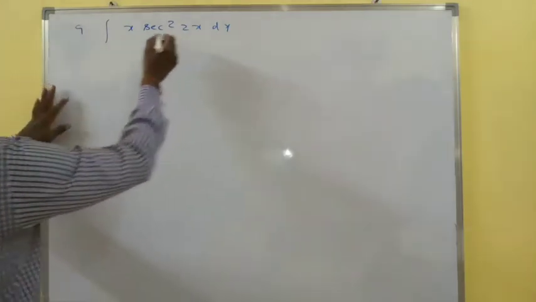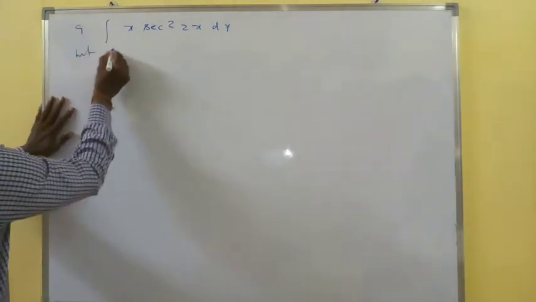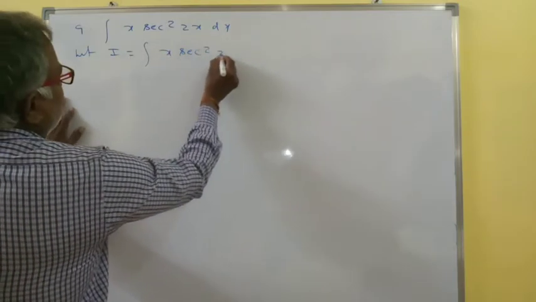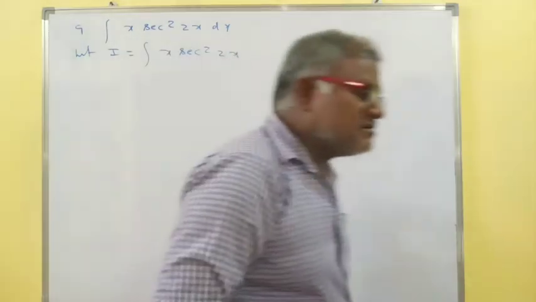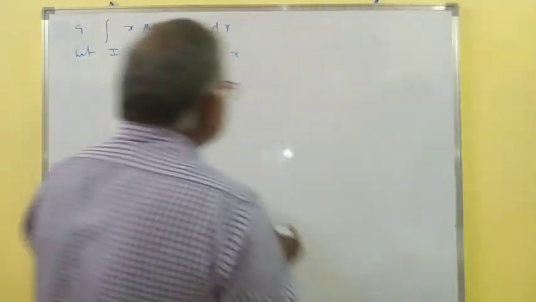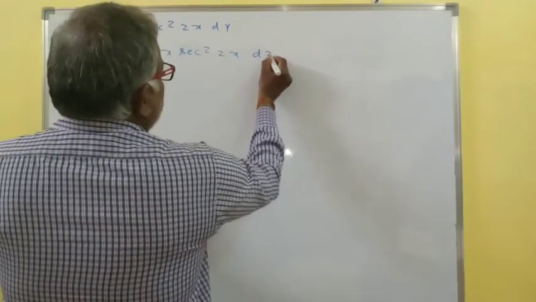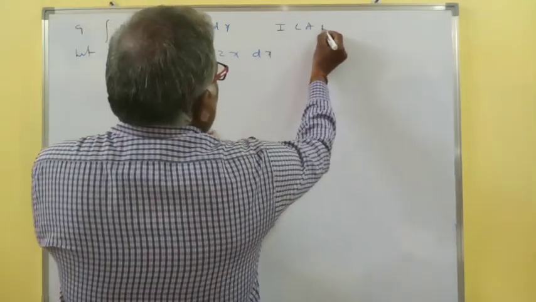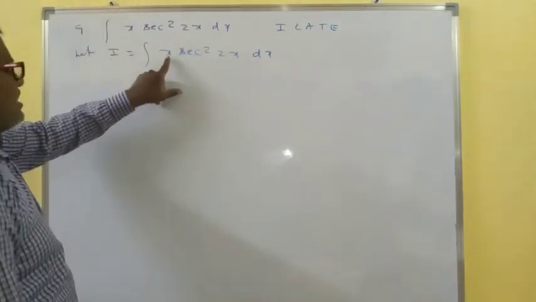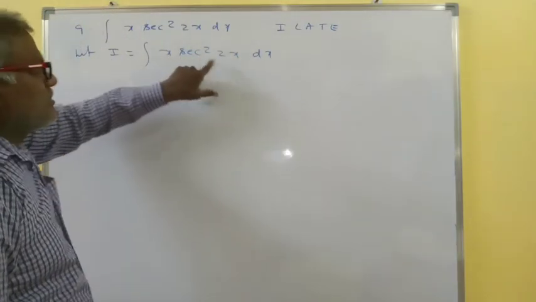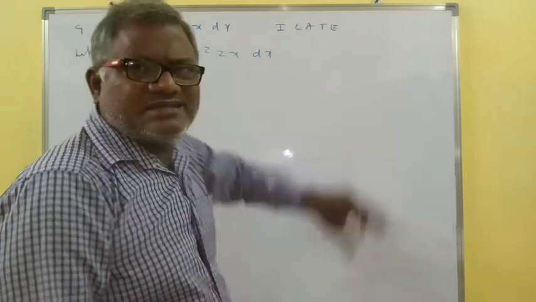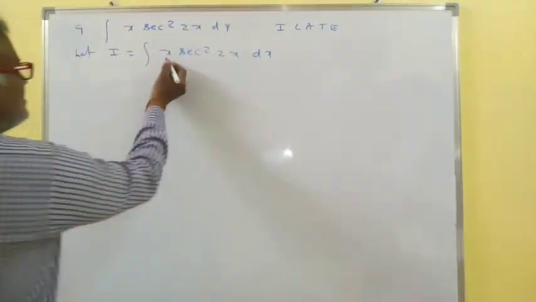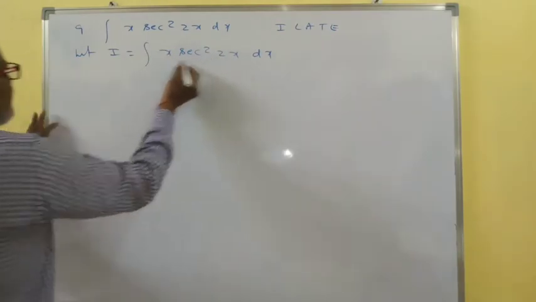So here let I be equal to the integral of x into secant square 2x dx. This is an algebra function and this is a trigonometry function, so the algebra function is considered the first function. Here this is the first function, this is the second function.